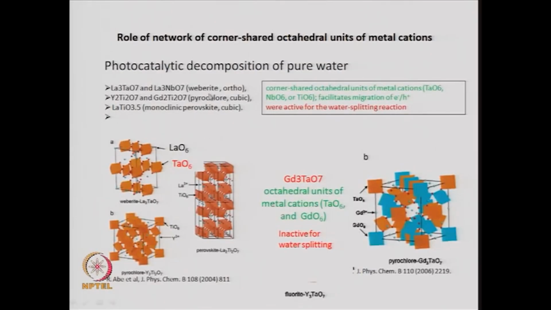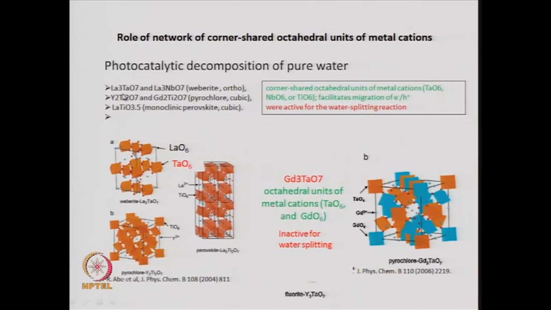Another very important thing is the corner sharing octahedral unit. Many structures are known where the metal oxygen bonds are within an octahedra, and these octahedra are corner shared or edge shared or face shared. Now, a large number of compounds are known where there are corner shared octahedral units of the metal cations.